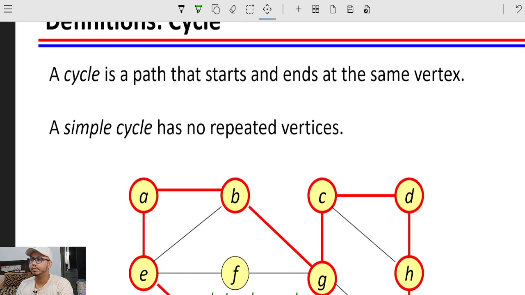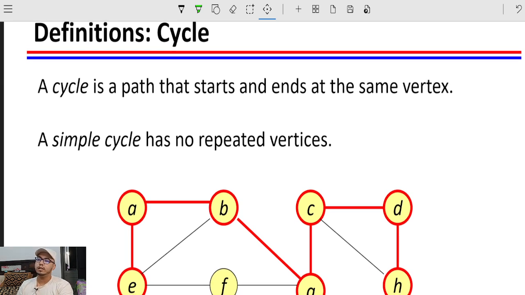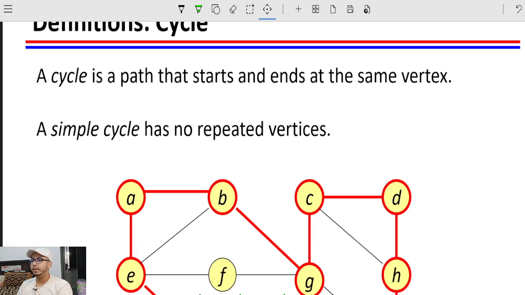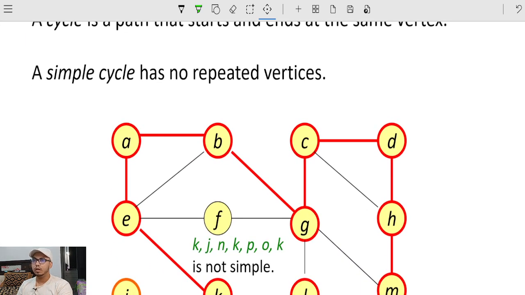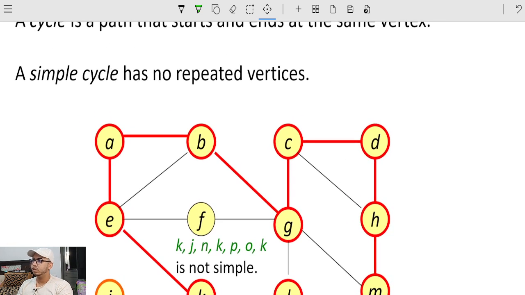Next will be the definition of a cycle. A cycle is a path that starts and ends at the same vertex. A simple cycle has no repeated vertices.